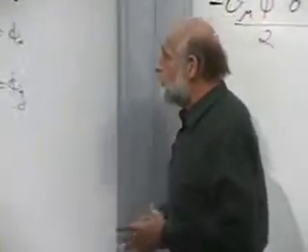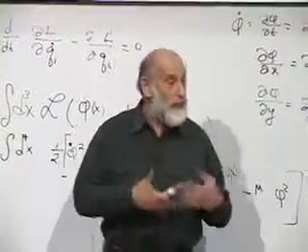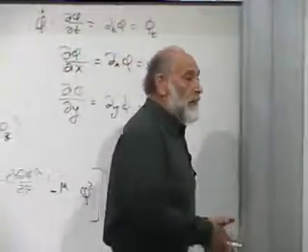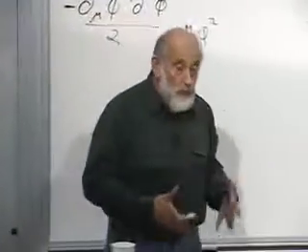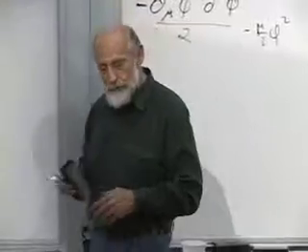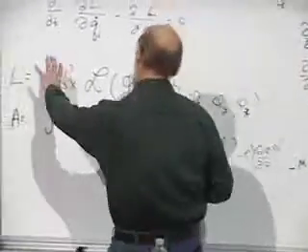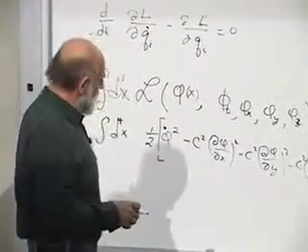Now we have a problem which is to figure out not only the dependence of phi on time, but also on space and time. And so the equations are going to be partial differential equations, or wave equations to be specific. So the question is, how do you take a thing like this and minimize it?